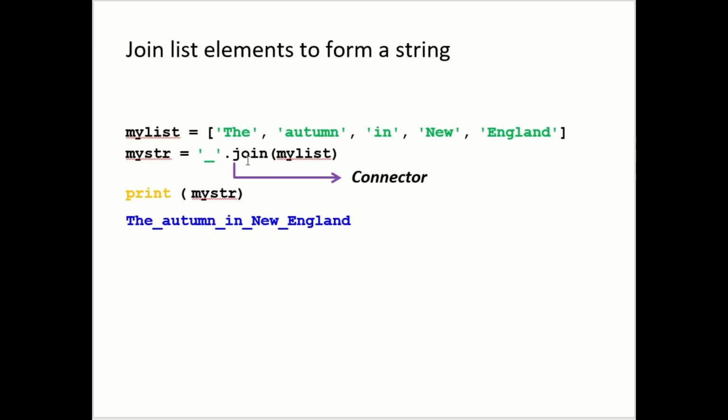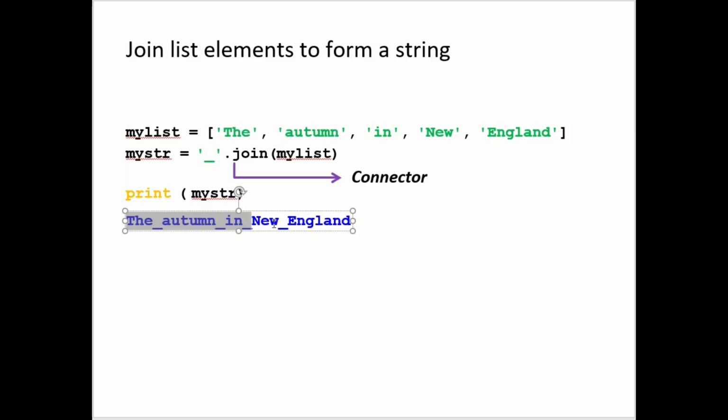Now join will allow you to construct a string that will put elements together. So here we go. My list is the output of what we've got here, split up: the autumn in New England. This is the output of the default split, where every word is split on the spaces. You can call join on a string, so that's a string object, and you pass the list as where the elements are being pulled from.